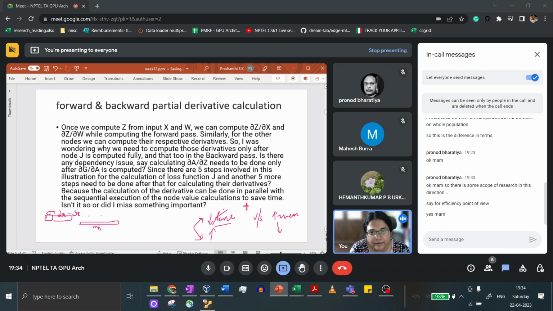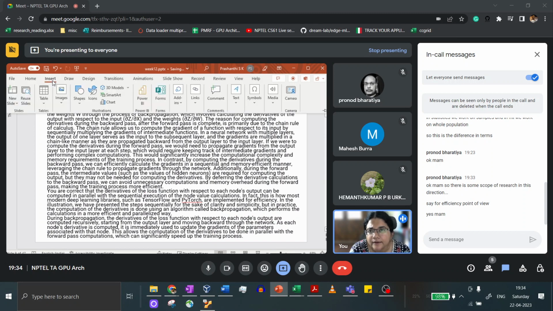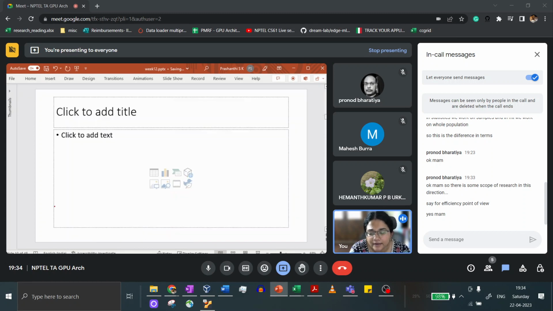So what people have tried to do is to come up with some pipelining schemes. You have already looked at some basic pipelining from the architecture point of view, right? This is software pipelining. So as a developer, can you make use of this pipelining concept to get a more efficient training time?